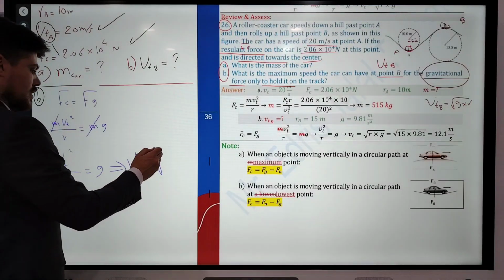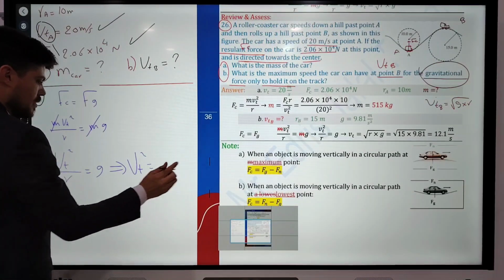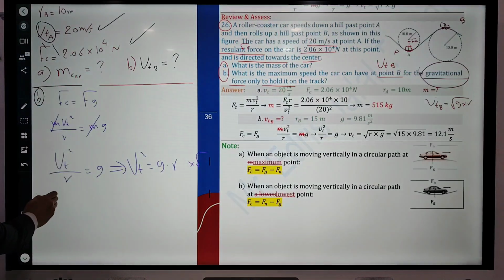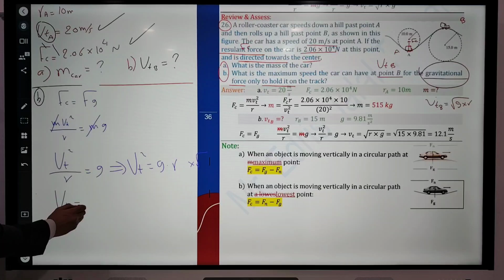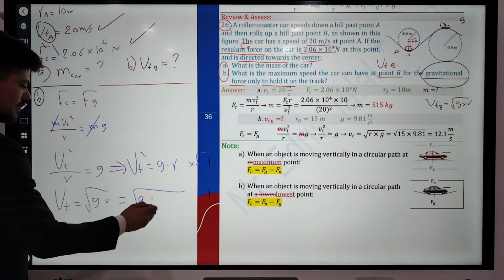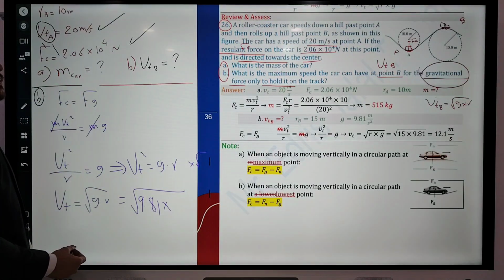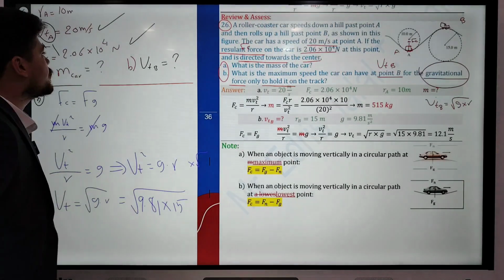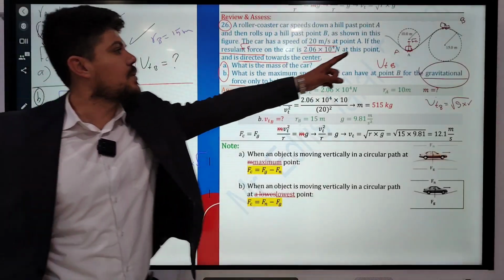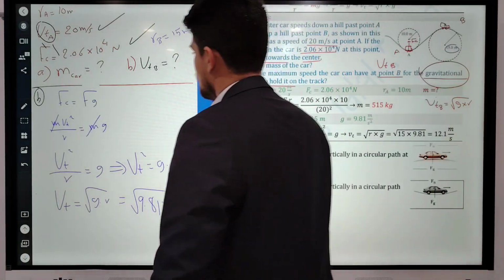Vt squared is equal to g times r. Take the square root of both sides to remove the square: Vt is equal to the square root of gr, where g is constant. R for point B is different from point A. Be careful. It is equal to 15. RB was given: 15 meters.